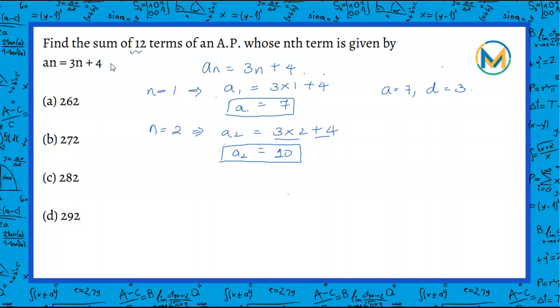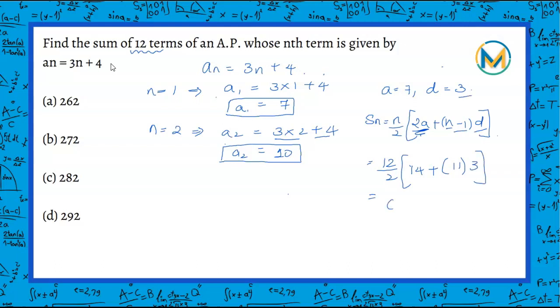So I need to know the sum of the 12 terms. So my formula is Sn is equal to n upon 2 into 2a plus n minus 1 into d. So we'll just substitute. n is 12, 12 by 2. a is 7. So 2 into 7 becomes 14 plus n minus 1, which is 12 minus 1, is 11, and d is 3.